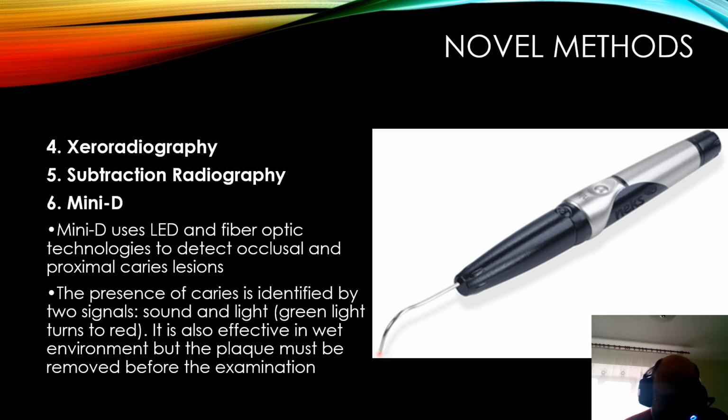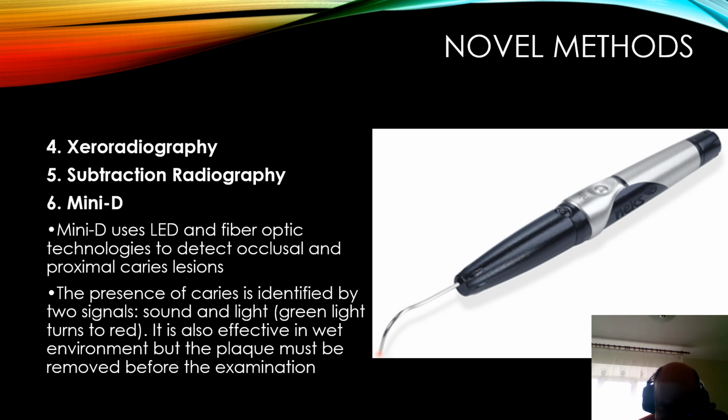There are X-ray methods like xeroradiography and subtraction radiography, but I would like to tell you more detail about Mini-D. Mini-D uses LED and fiber optic technologies to detect occlusal and proximal caries lesions.